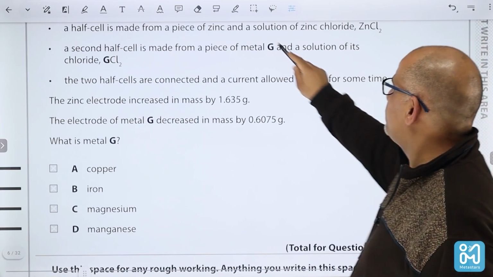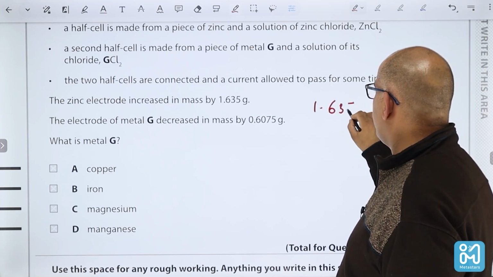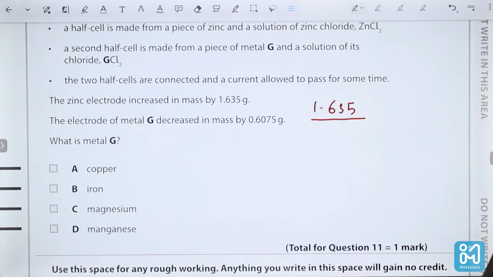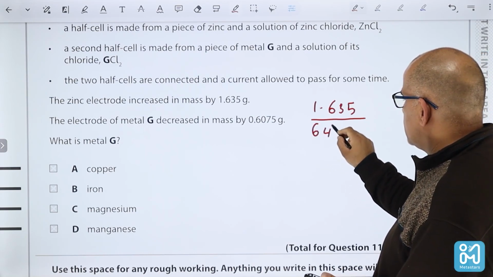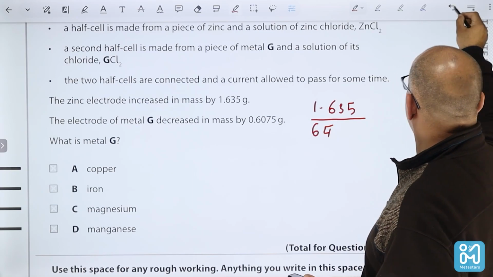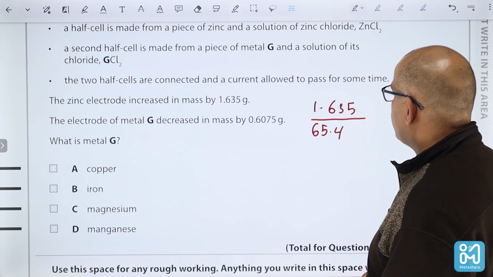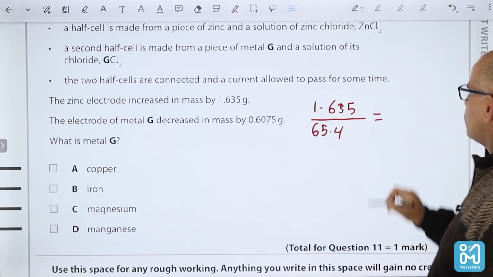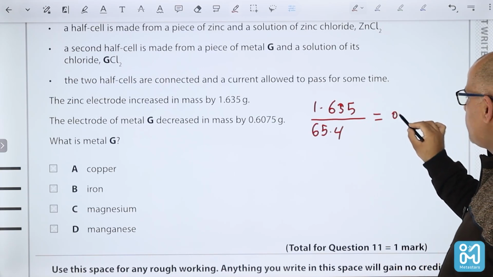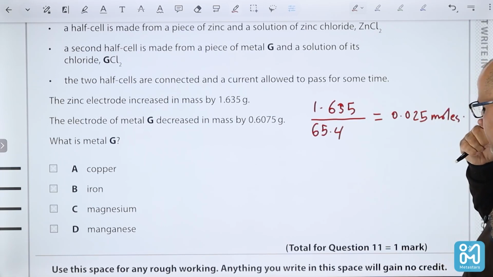This will give you 1.635 over the molar mass of zinc, which is 65.4 grams per mole. And this will give you 0.025 moles.